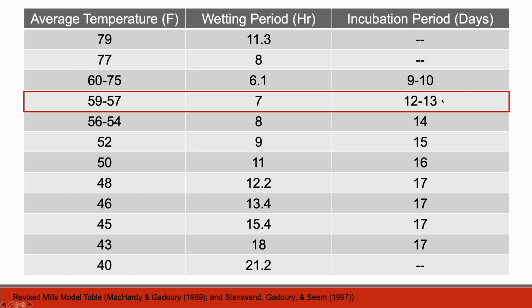And that corresponds to approximately a 12 to 13 day incubation period before symptoms are first observed. Additional days may be required if conditions during that 12 to 13 days are unfavorable for lesion development, such as prolonged periods of temperatures above 80 degrees.